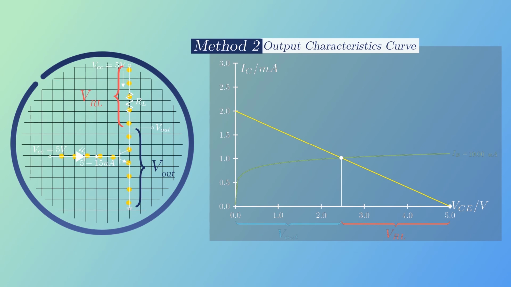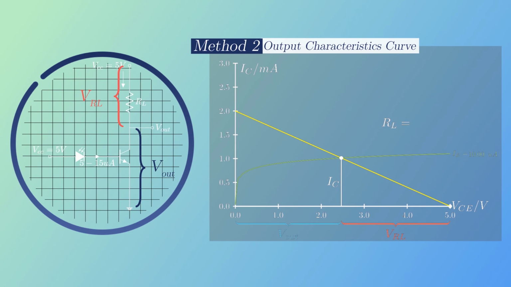As we increase IB, the intersection point shifts to the left, our Vout decreases, leaving a larger PD developed across the resistor. Using the same logic, as IB decreases, Vout increases. In fact, this output characteristic curve has provided us a neat way to visualize Kirchhoff's voltage law in action.